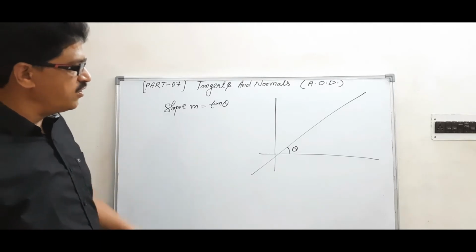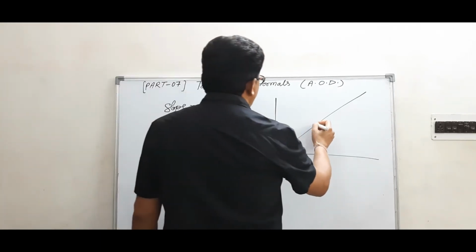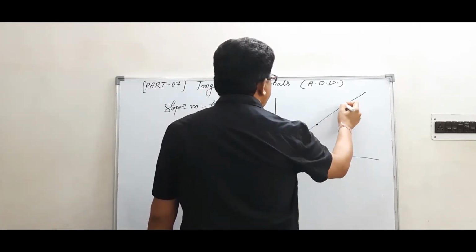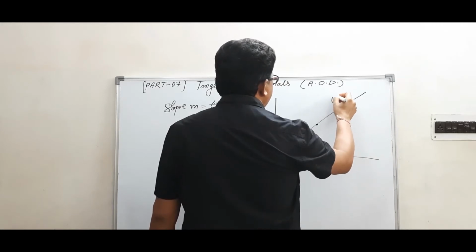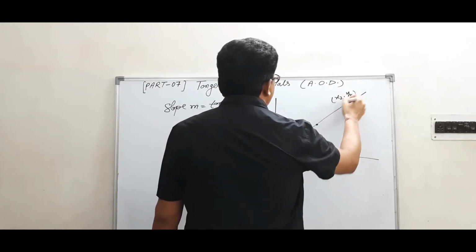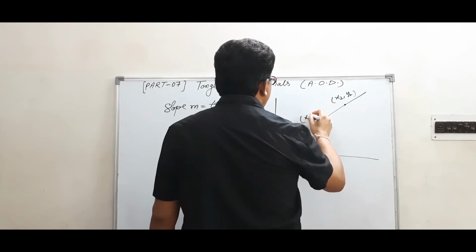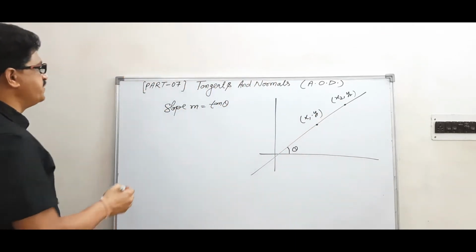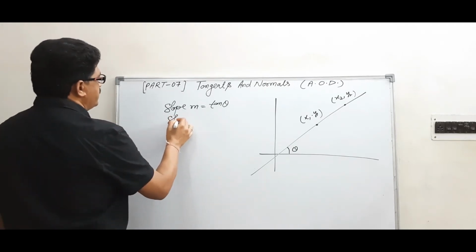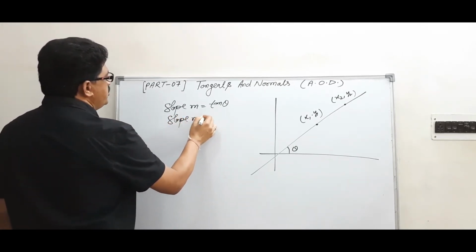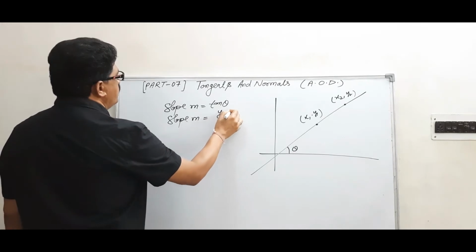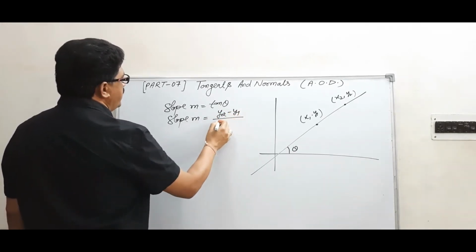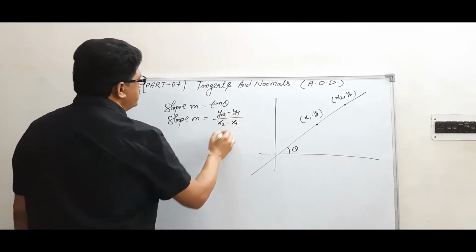If theta is not given, and 2 points are given from which the line is passing, x2, y2, x1, y1, then slope is given by m is equals to y2 minus y1 upon x2 minus x1.